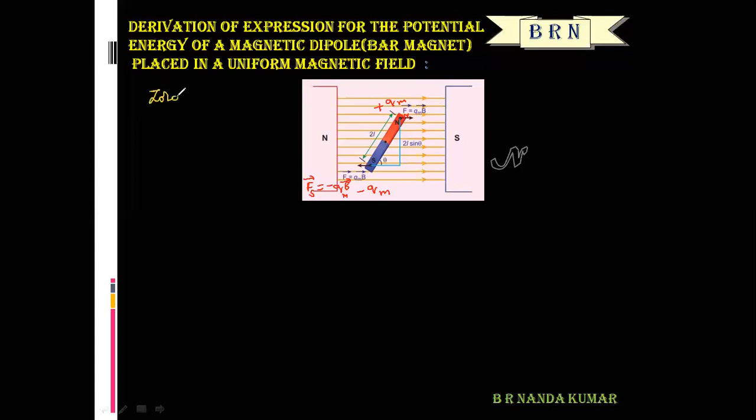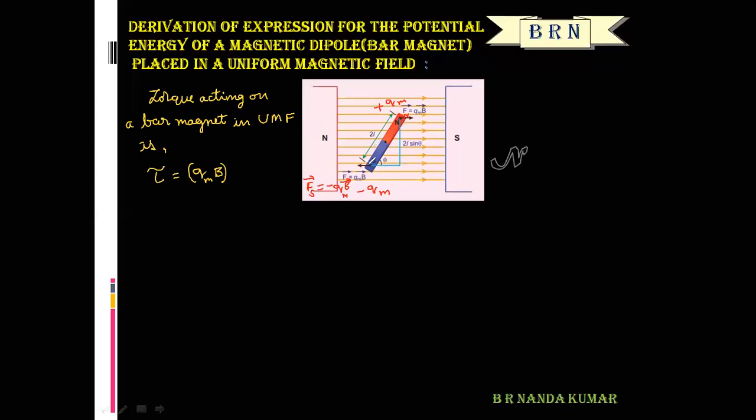The torque acting on the bar magnet in a uniform magnetic field is: tau is equal to the magnitude of one of the forces, that is QmB, times the perpendicular distance between the two forces.